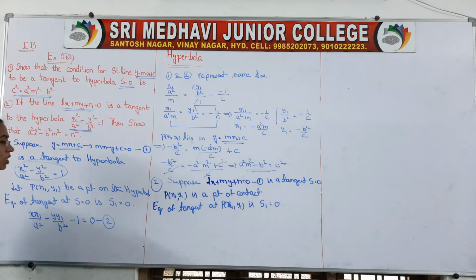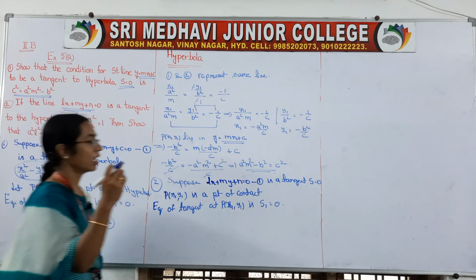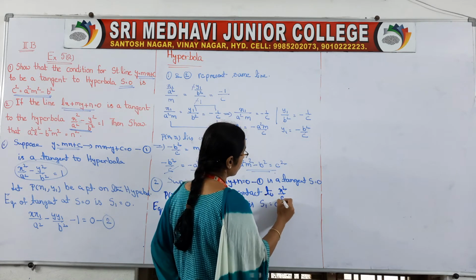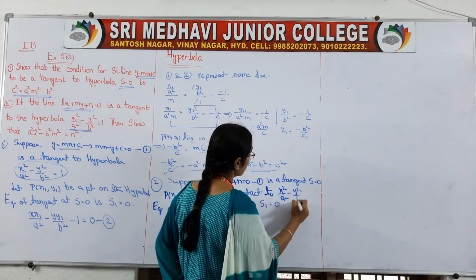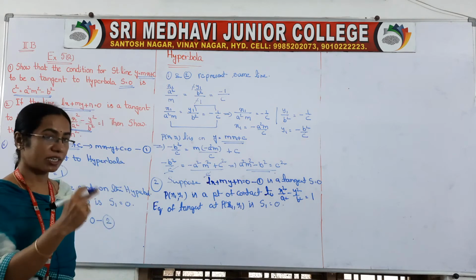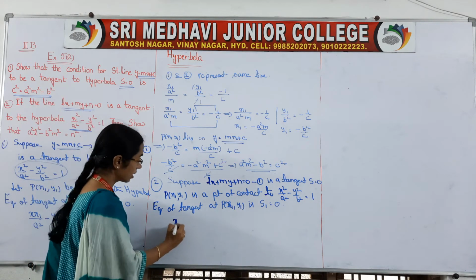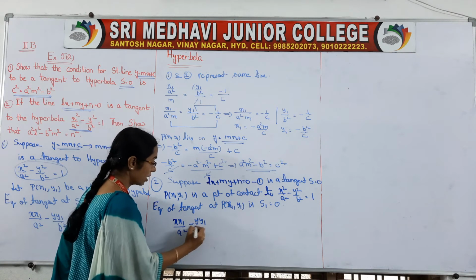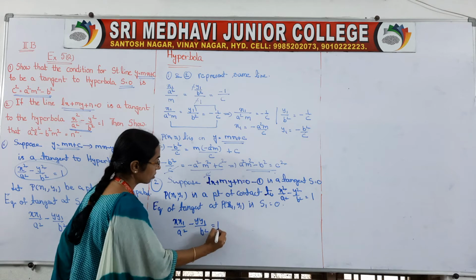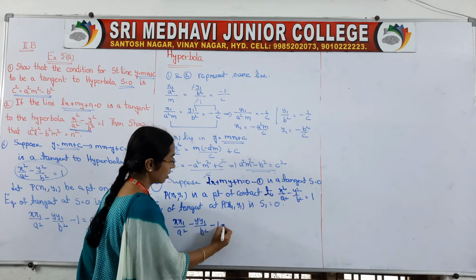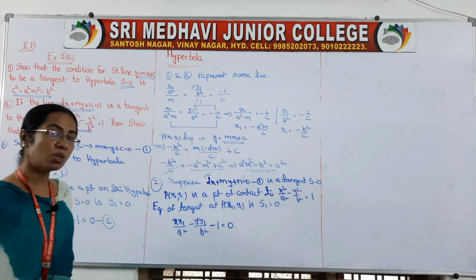What is our hyperbola equation? x square by a square minus y square by b square is equal to 1. For that S1 we have to find, that is x x1 by a square minus y y1 by b square is equal to 1, or we can write that as minus 1 is equal to 0.